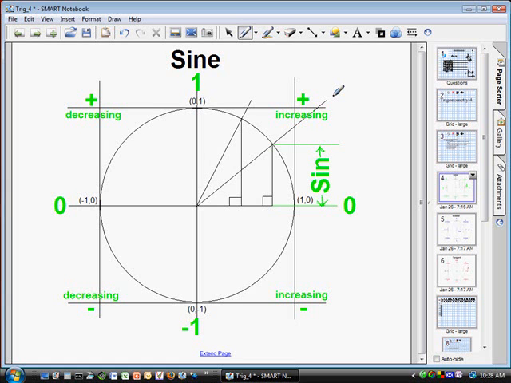And that's why if you look here, I've labeled this sine. And as this angle rotates, this leg will change in height. When this angle goes down to 0 degrees, this thing here will collapse to nothing.